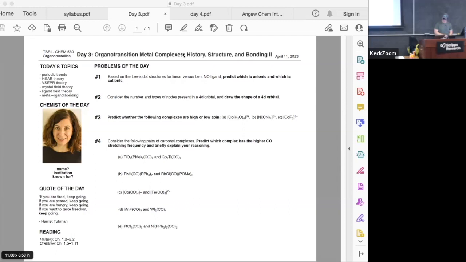On B, should that be trimethyl phosphite? That should be trimethyl phosphite, not phosphate. Thank you for catching that. Is that right, Nathan? I think we have a subscript missing.